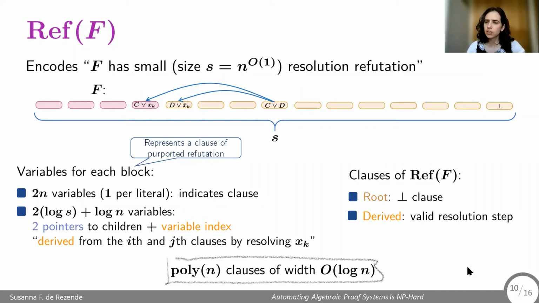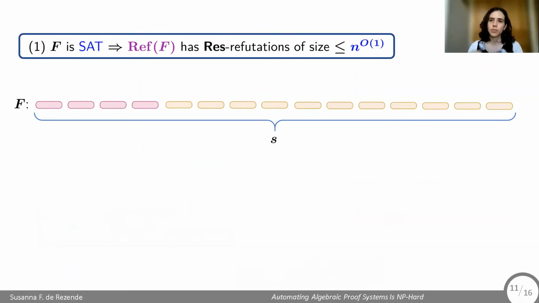Now, before getting into the lower bound part, I want to say something quickly about the upper bound. I won't have time to explain it in detail. It's rather simple, but just to give some idea of the intuition. So we have this formula ref F that is stating that there is a resolution refutation of some small polynomial size S. And we know that actually F is satisfiable.